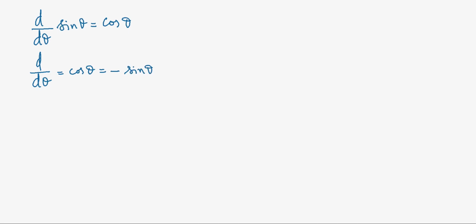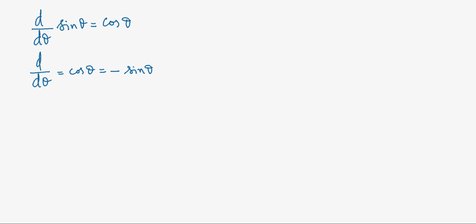So there are some basics, we can get them from the very fundamental limits also, but you need to know that, for example, d by d theta of sine theta will go to cosine theta. d by d theta of cosine theta will go to negative sine theta.